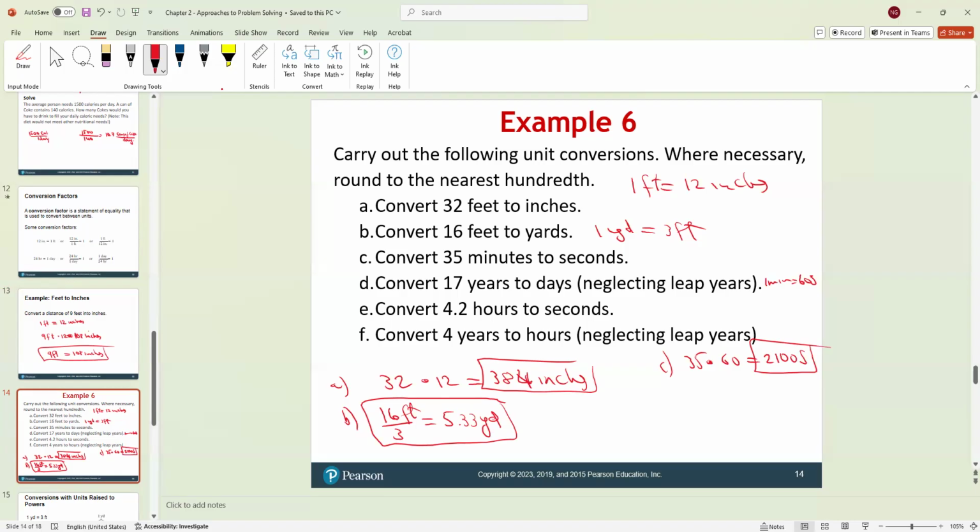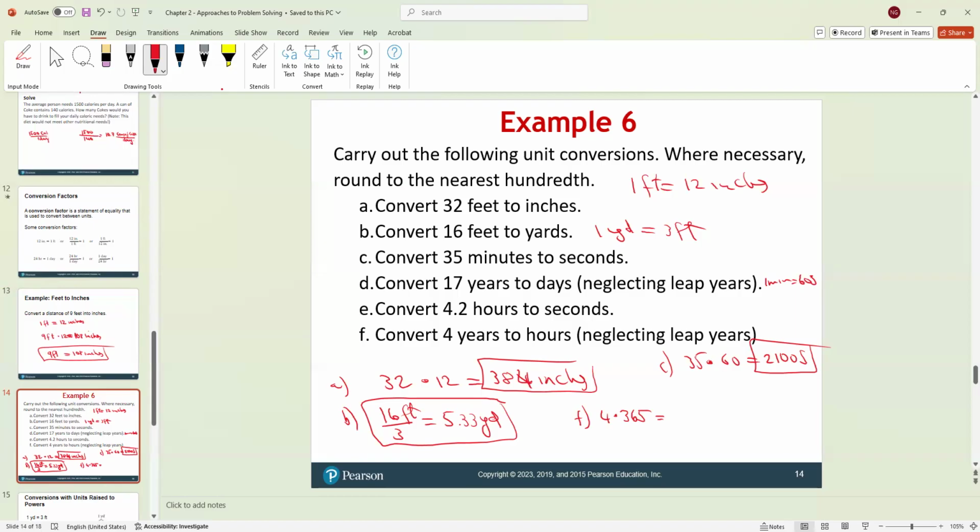Now years. How many days is 1 year? Let's say F. 1 year is 365 days.